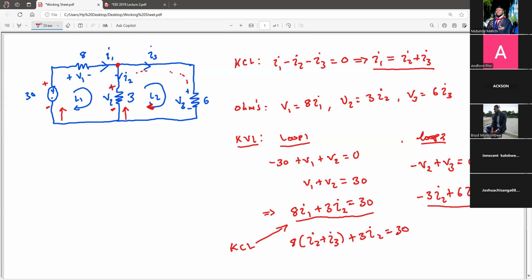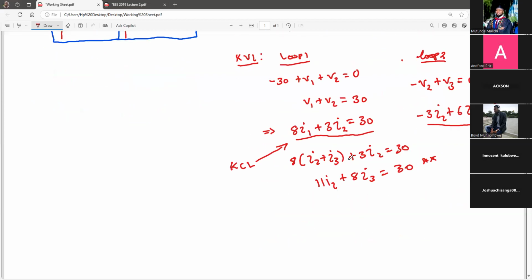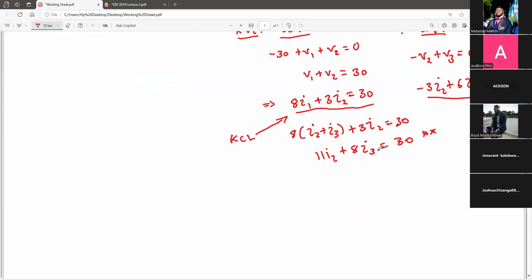So if we did that, then I think this one should go to 11 I2 plus 8 I3 is equal to 30. Okay, and then you can see that now this expression has two unknowns, I2 and I3, and also the one from loop 2 has two unknowns, I2 and I3.